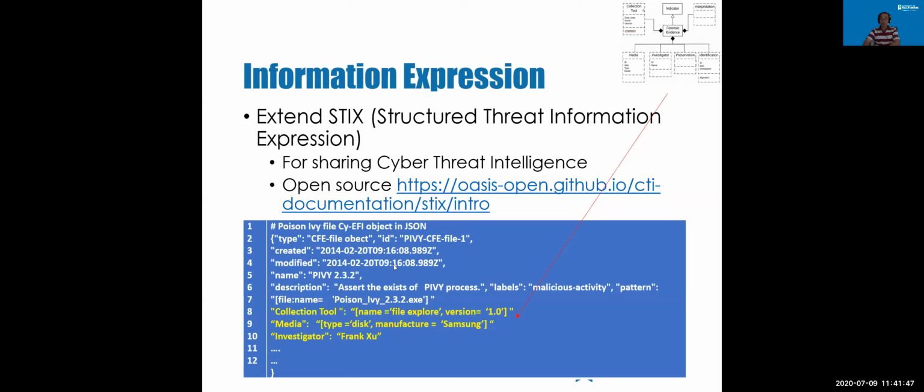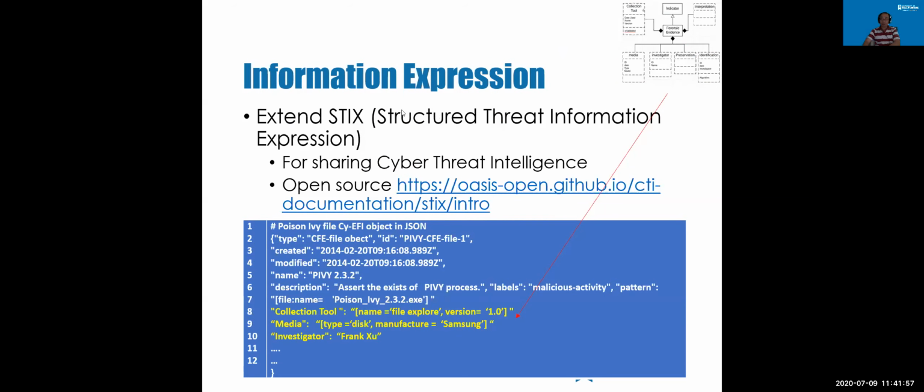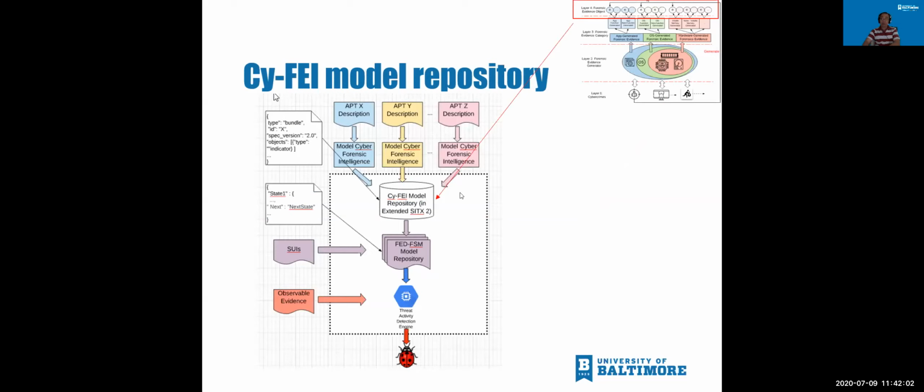All this information is a description of the class diagram we mentioned earlier. And the results of this information formalization, we save everything in a repository we call the Cyber Forensic Evidence Intelligence Model repository. So basically, we have a list of objects that we formalize in the repository.